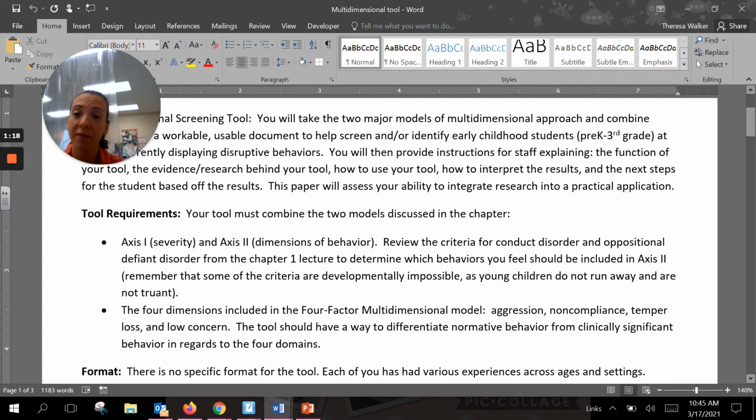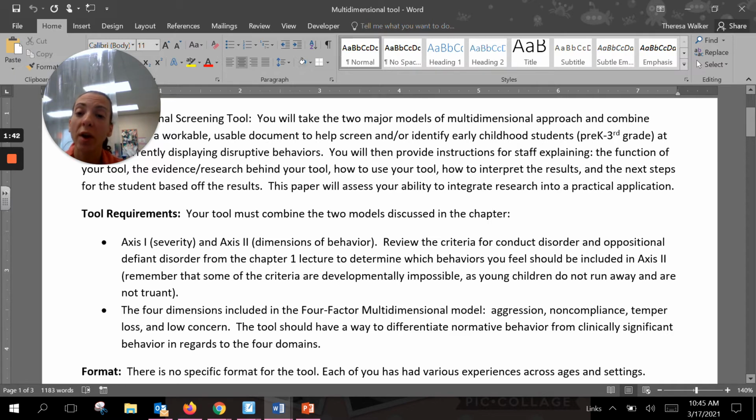And then how are you going to define severity? Is it going to be defined by frequency? Is it going to be defined by duration? And then you're going to include the 4 dimensions that are included in the 4-factor dimensional model: aggression, noncompliance, temper loss, and low concern. The tool should have a way to differentiate normative behavior from clinically significant behavior in regards to the 4 domains.